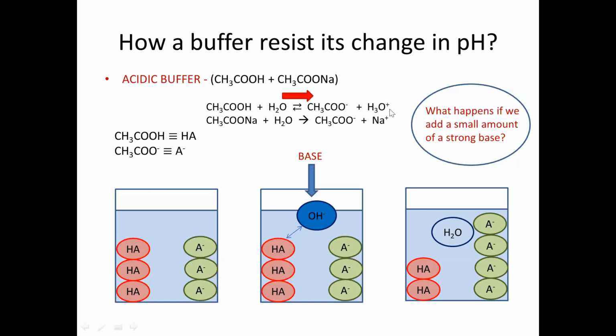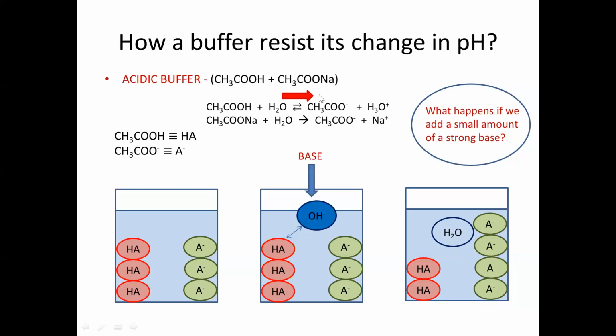If you look at the equilibrium here, although OH minus ions are not common to any of these ions in this equation, the addition of OH minus ions would try to combine with these H plus ions, leading to the formation of water. Once these H3O plus ions are consumed by OH minus ions, the concentration of H plus ions would decrease, and this will disturb the equilibrium, and the equilibrium will move in the forward direction.